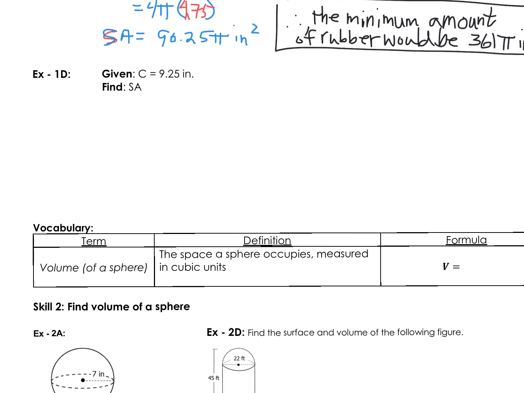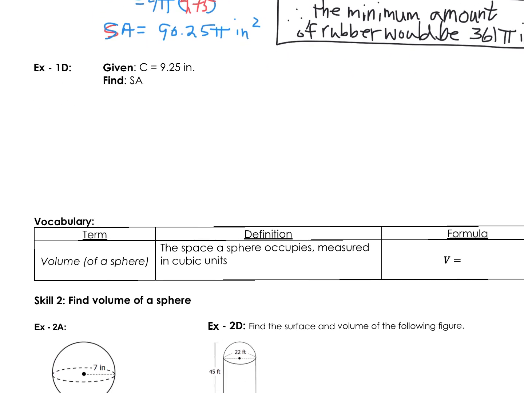All right, so the next question says, given the circumference is 9.25 inches, find the surface area. Well, if they're giving you the circumference, that's really the great circle.